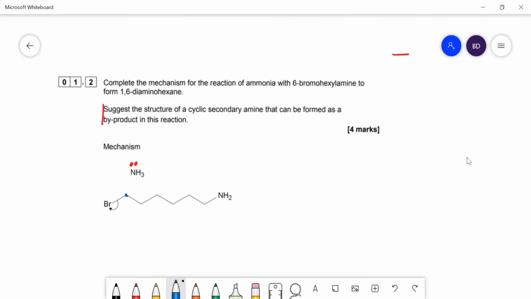So that goes onto there. The bromine's leaving. Draw the product. The product is going to be, let's count the right number of carbon atoms, so an NH2 on that end, and the NH2 still on that end.